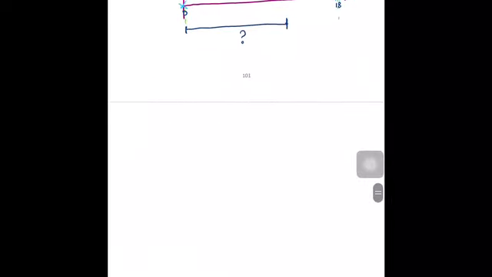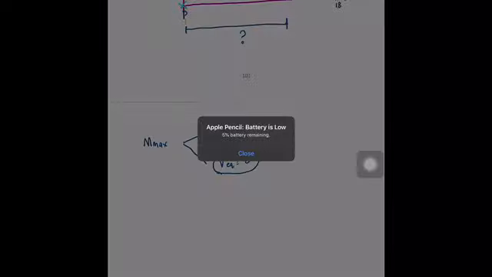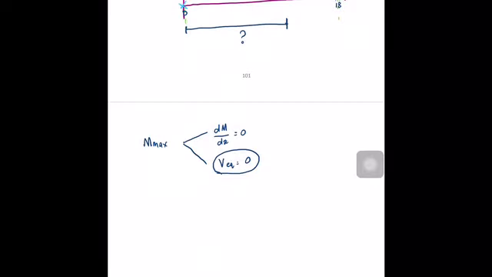So as I mentioned, in order for you to calculate the maximum moment, you have two methods: you differentiate the moment equation and set it equal to 0, or the easiest one, you use the V equation equal to 0. You can choose either one, but since the V equation is easier, I use the V equation.